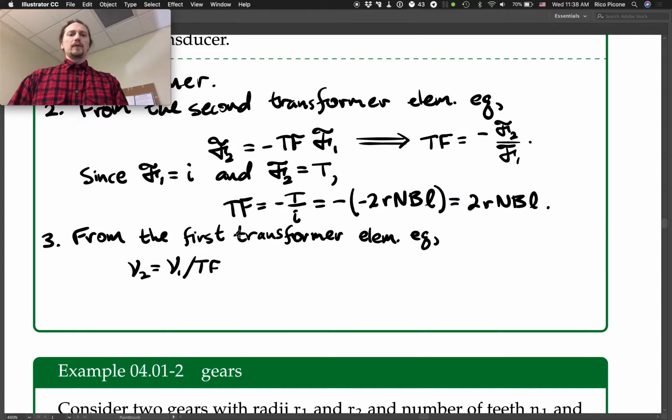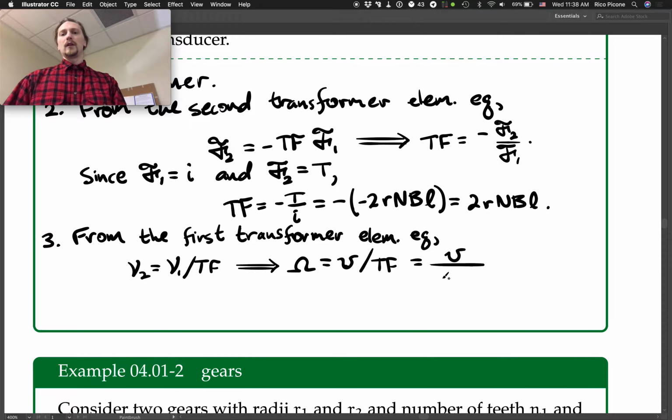So that implies our V2 is the angular velocity, and V1 is the voltage, divided by TF, which, if you wanted to write out the TF in its full glory, is 2RNBL.